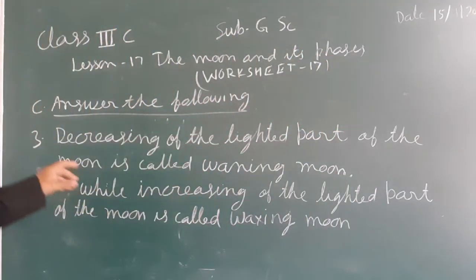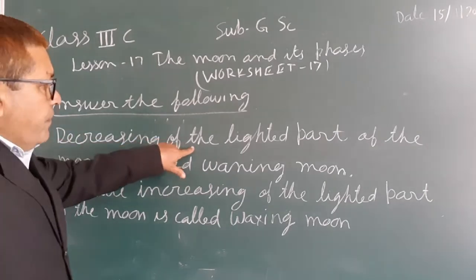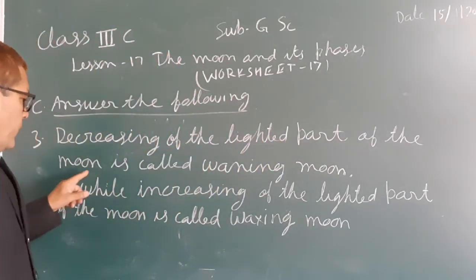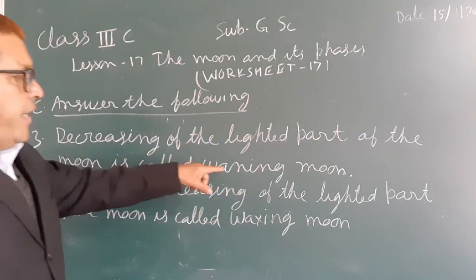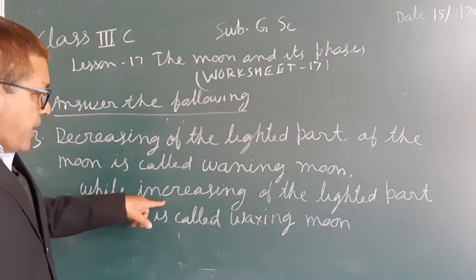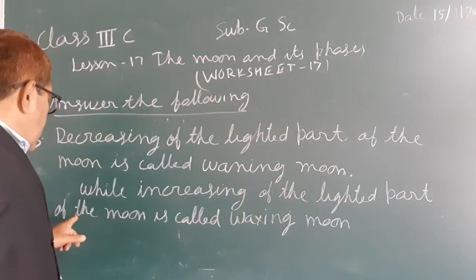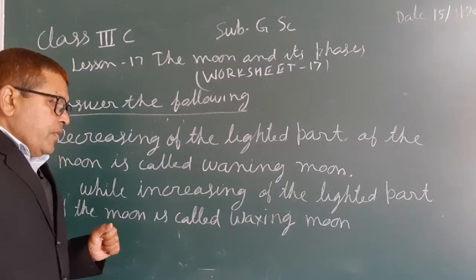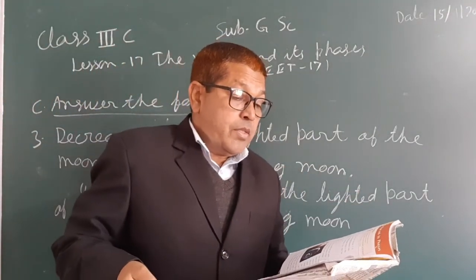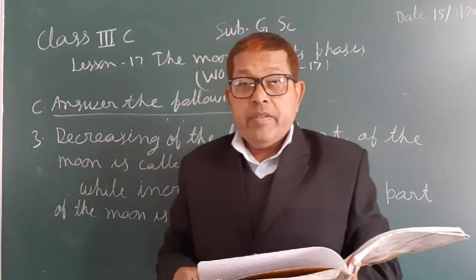So, in the third question, decreasing of the lighted part of the moon is called waning moon, while increasing of the lighted part of the moon is called waxing moon. This is the difference.